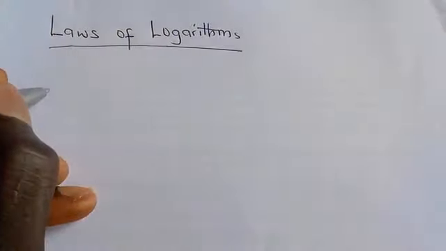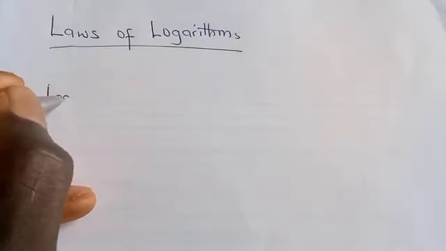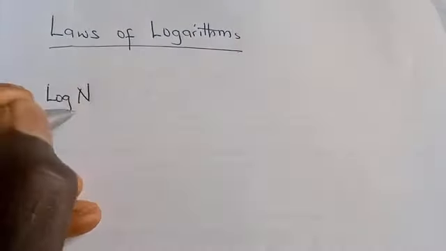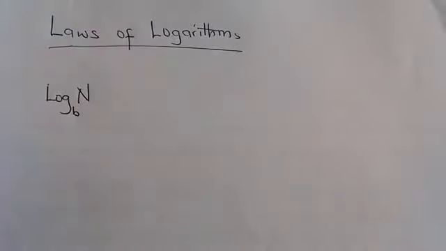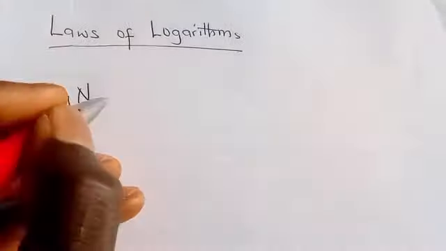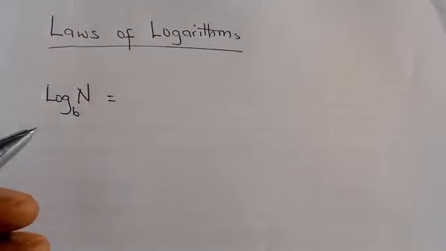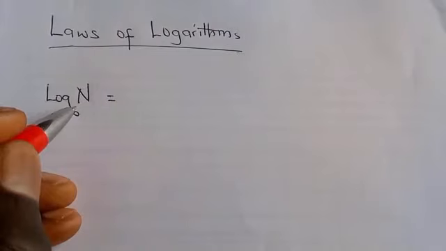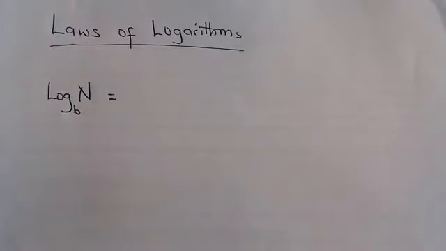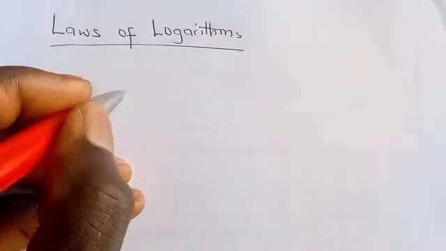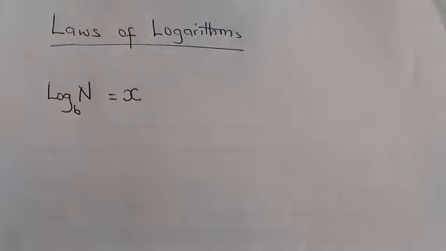That is, if we have log n to the base of b, we are saying that the answer will be that value to which this base b must be raised before you have n. So let's label it as x.